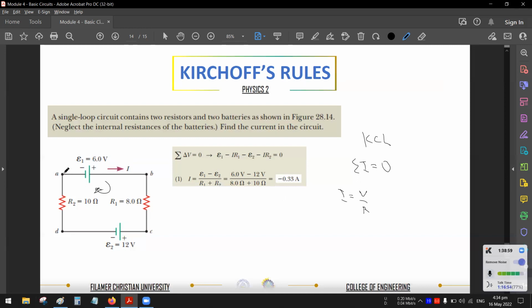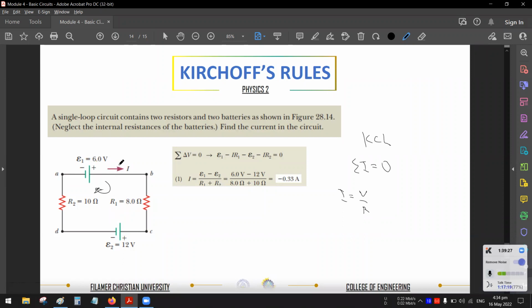So from this point, from point A tayo. Okay, so from point A tayo. So tingnan nyo, kung titingnan natin, meron tayong dalawang voltages. Di ba? So the 12-volt battery sa baba, much stronger, no? Compared dito sa 6. So therefore, yung current natin should be counterclockwise.